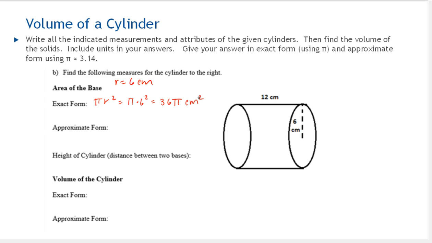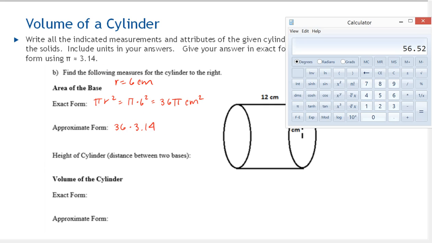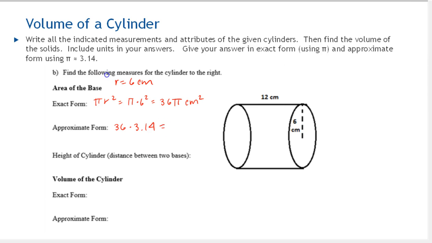Now the approximate form, I'm going to replace pi with 3.14. So we have 36 times 3.14, and we get 113.04. 113.04 square centimeters is the area of our bases.